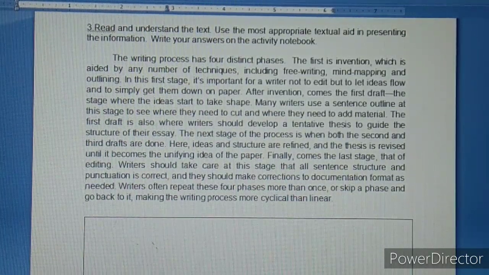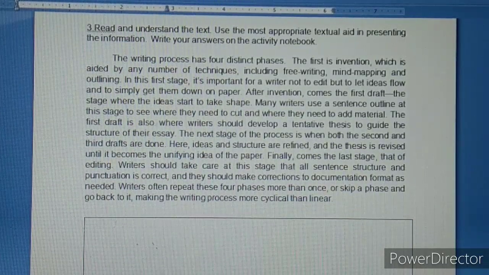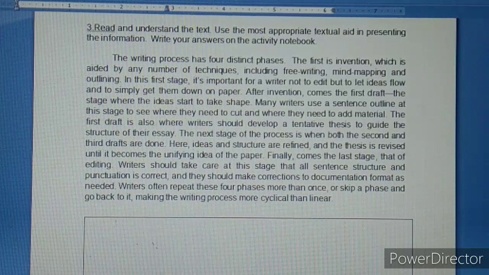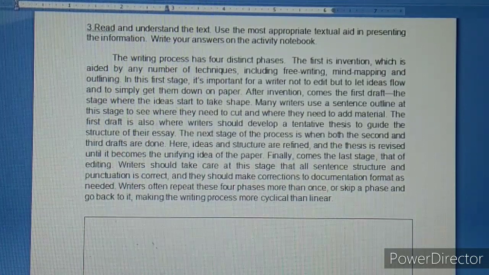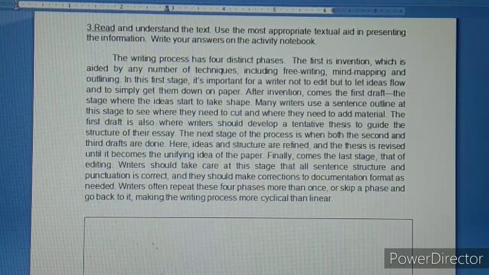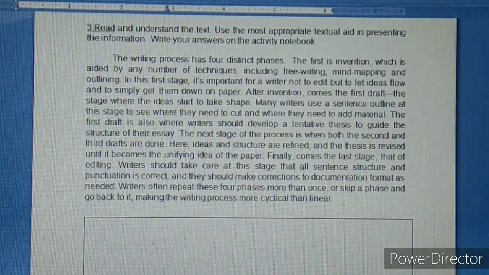Now let's continue. In this first stage, it's important for a writer not to edit but to let ideas flow and to simply get them down on paper. After invention comes the first draft, meaning drafting.